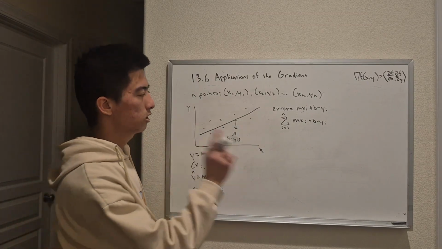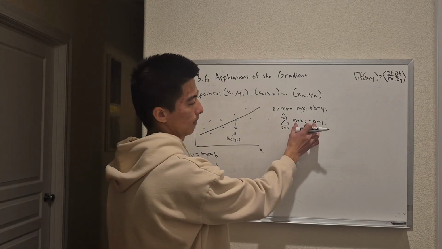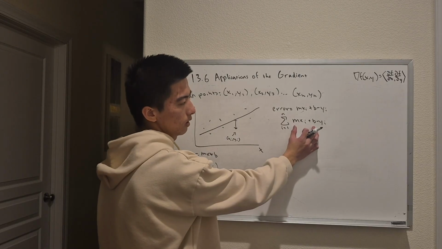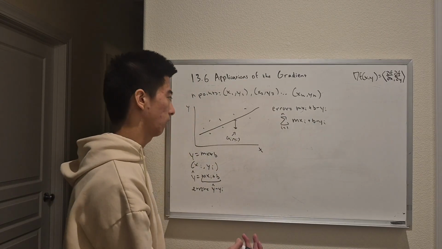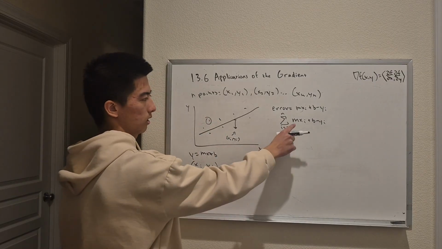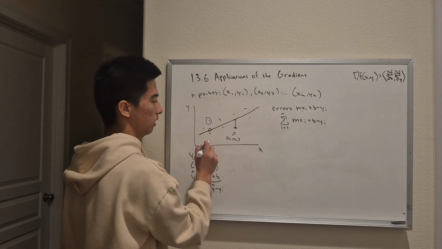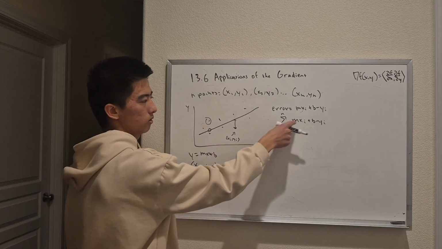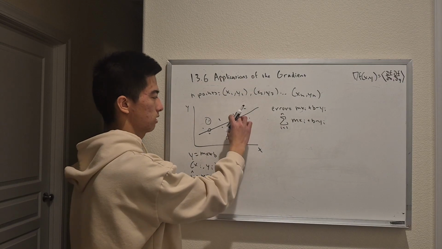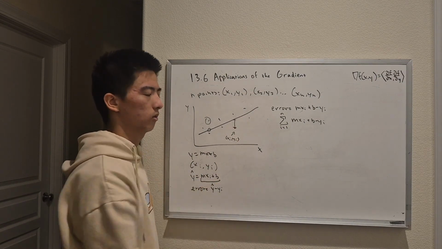The issue here is that this is our predicted y, but we don't know if our predicted y is going to be greater or less than yi. So let's say we choose this point over here. This is our predicted value of y, this is the actual value of y. If we do this expression, this minus that gives you a negative value. And this minus this will give you a positive value.